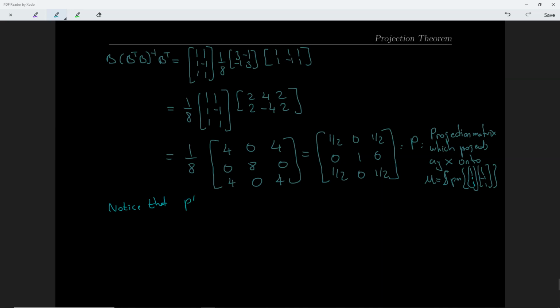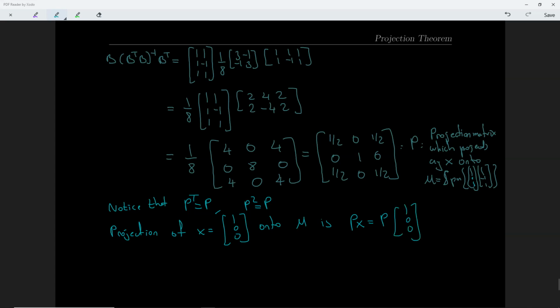So P transpose is equal to P, and you can also verify that P square is equal to P. And the projection of x, which is equal to (1, 0, 0), onto M is P times x, which is P times (1, 0, 0). That will be the first column, which is equal to (1/2, 0, 1/2).